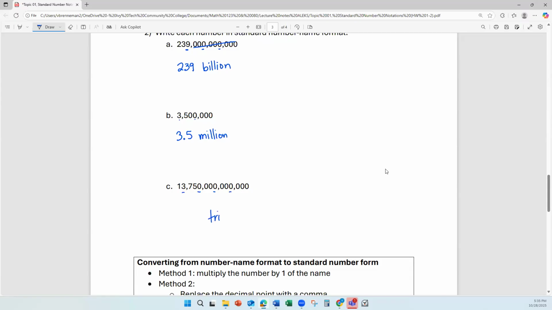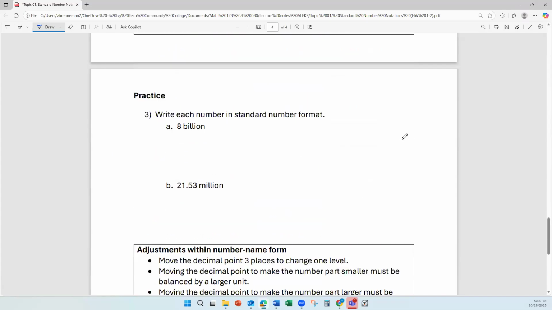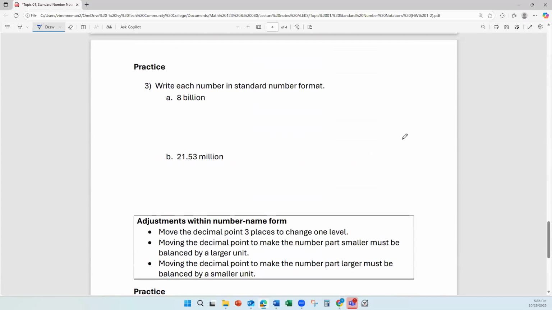So this is trillion. And we place that decimal point again in place of the first comma. Any non-zero digits remain. And then once it's all zeros, they go away. So 13.75 trillion.